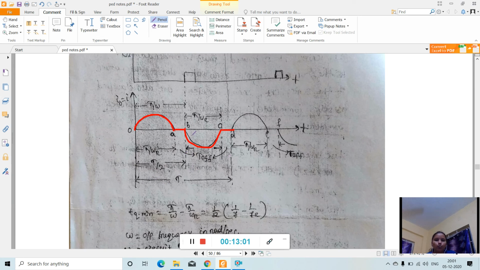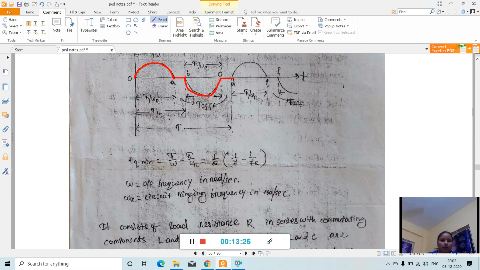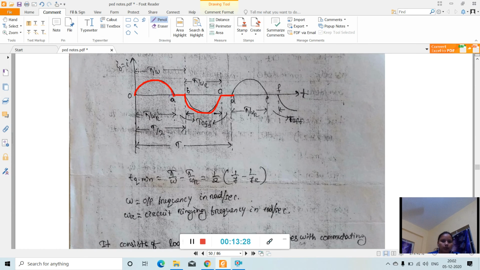So here T by 2 is up to this point B. From O to A, the time is pi by omega R, and from O to B, the time is pi by omega, and this A to B is represented by T off. So TQ minimum is pi by omega minus pi by omega R, which is represented by 1 by 2 into 1 by F minus 1 by FR.